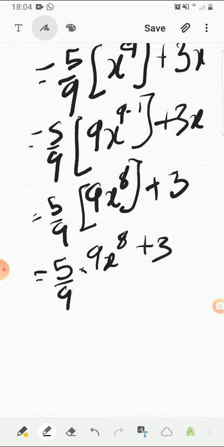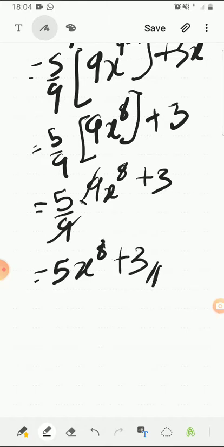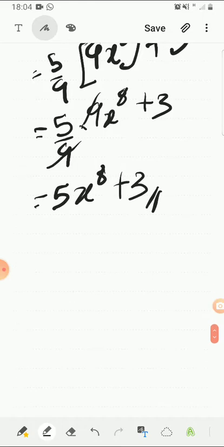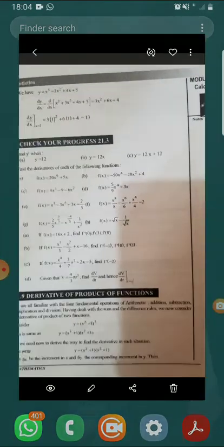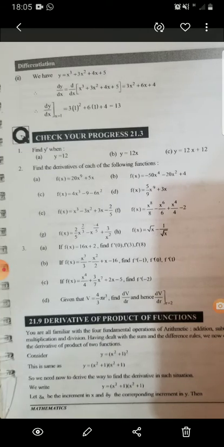So here it is easy to see that 9 will cancel out 9, leaving just 5. So you have 5x to the power of 8 plus 3 as your final answer. Okay, same thing applies to all the questions that are there.